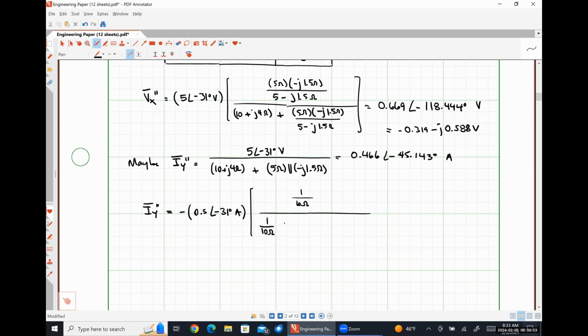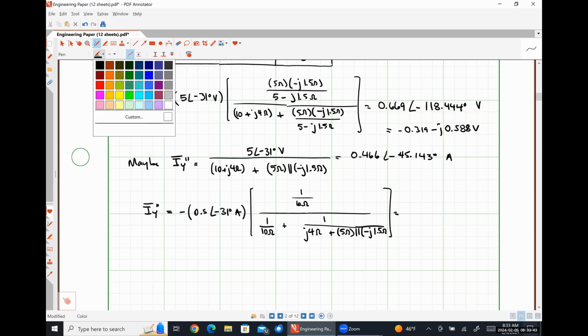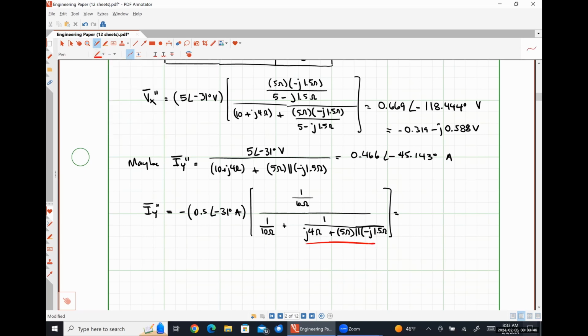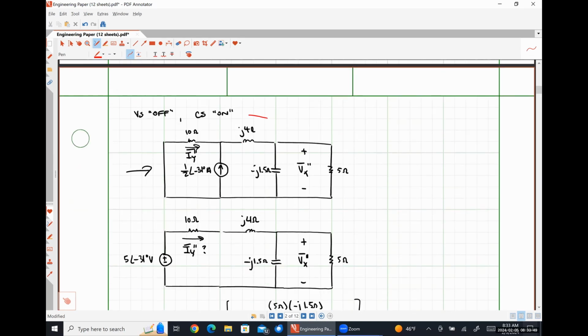And then I'll have 1 over 10 ohms plus 1 over, so this is going to be J4 plus that 5 in parallel with that minus J 1.5, right? So this guy right here represents all of the impedance to the right of the current source. So I see 2 impedances in parallel with my current source, which is what allows me to apply current division. Okay.